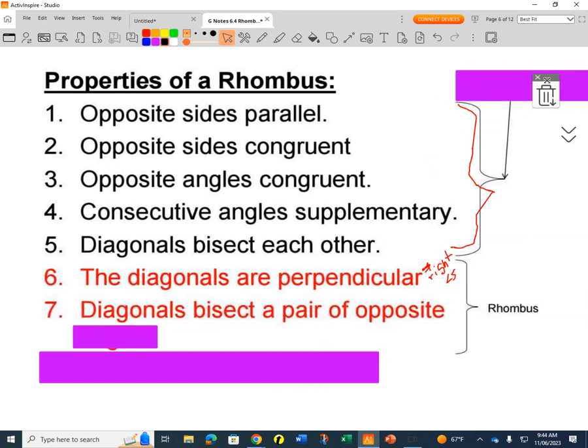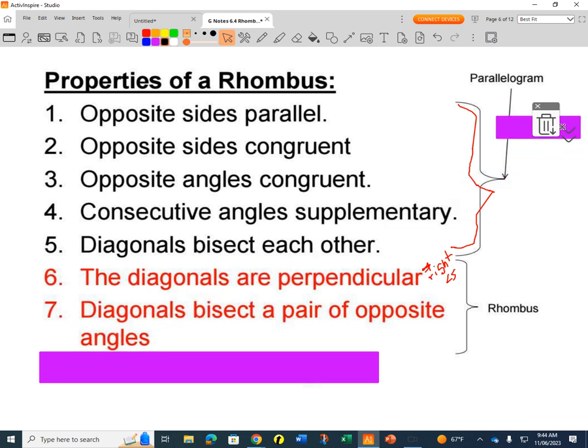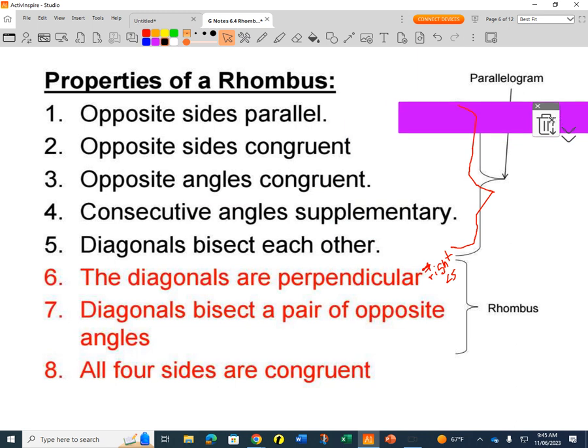The diagonals bisect a pair of opposite angles. And all four sides are congruent.